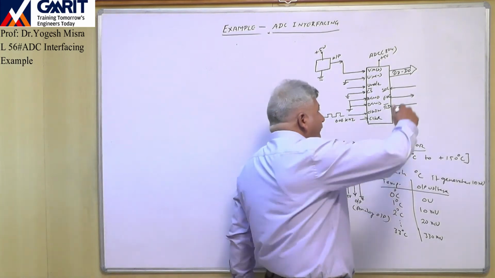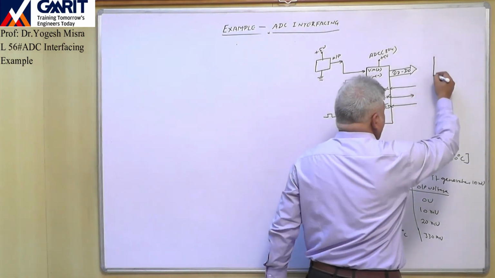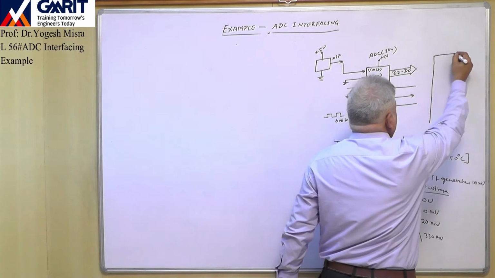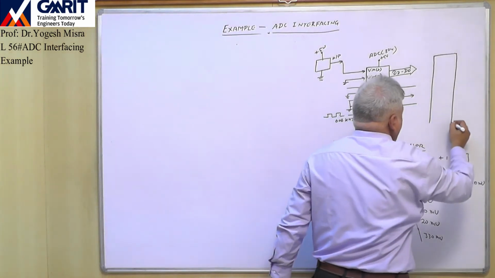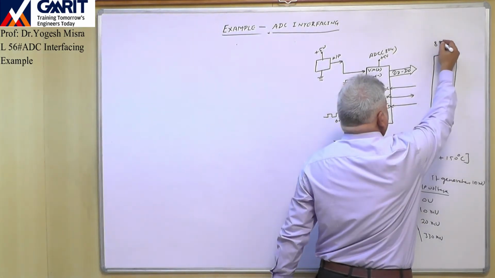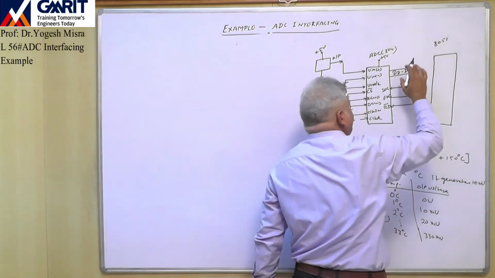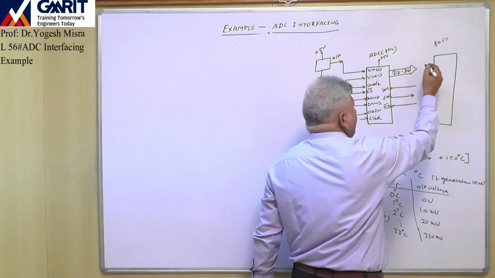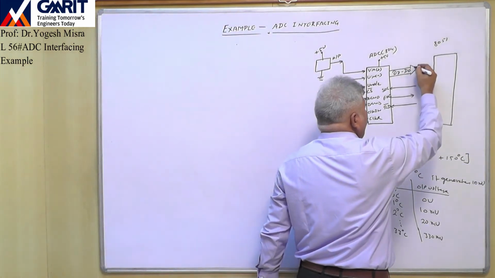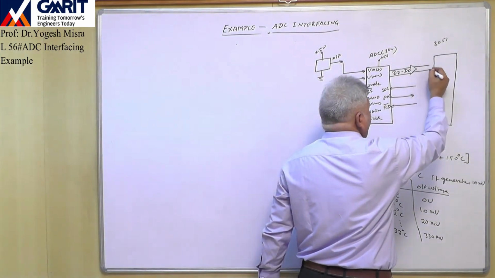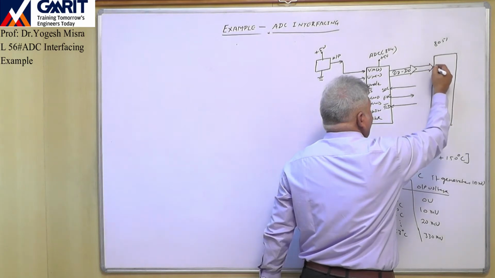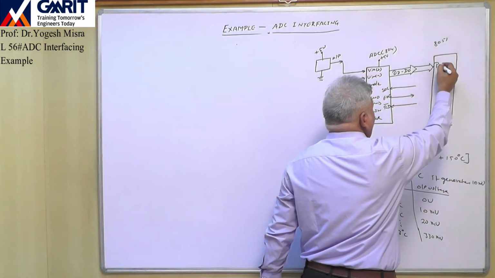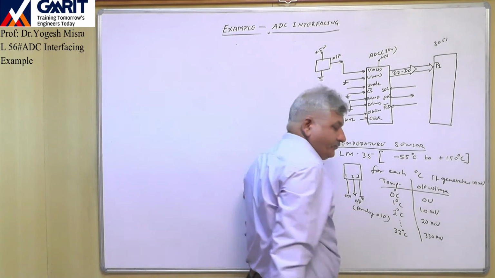And now here we will connect the microcontroller. We will connect here an 8051 microcontroller, right? This 8-bit data line I will connect to the 8 bits of our port 1.